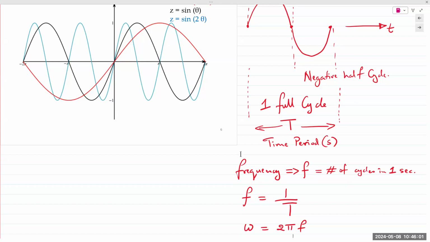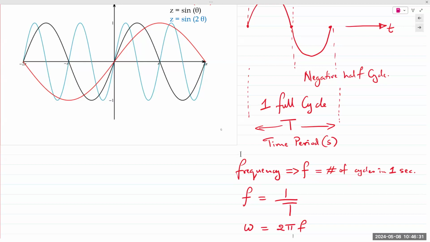The frequencies that we use for electronic transmission are much higher. AM and FM radio, the call sign or the name of the station has a technical meaning behind it. 680 AM stands for 680 kilohertz. That is the transmission broadcasting frequency of that radio station. 101.7 FM is 101.7 megahertz, 10 raised to 6.